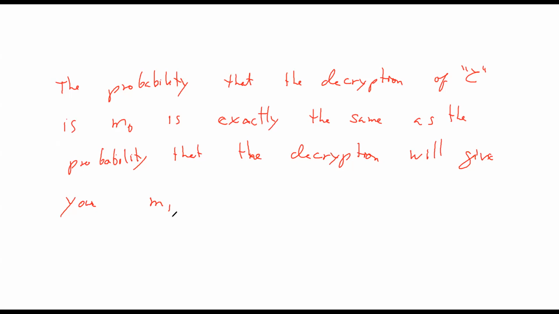Even if you had just slightly more information, given the cipher, that you could tell it's more likely to have come from M0 than from M1, then that would be a bad cipher. It's got to be something where you have the cipher and you look at M0 and M1 and they're equally likely. Think of it as flipping a coin, right? It's sort of a random thing. It's supposed to be as random as possible. That's the key insight with this idea.